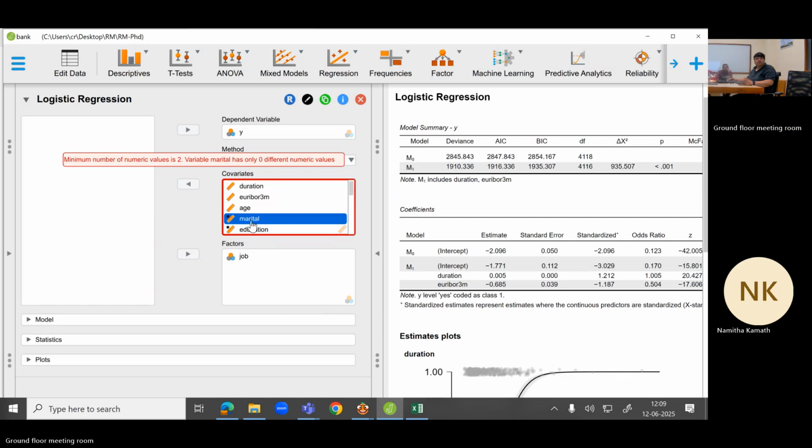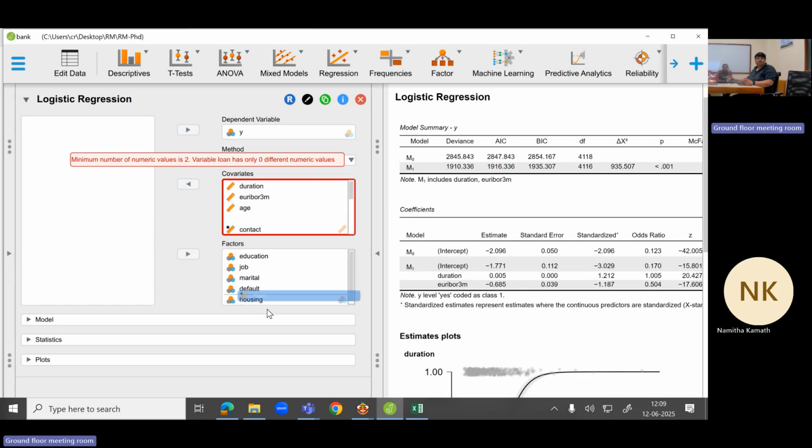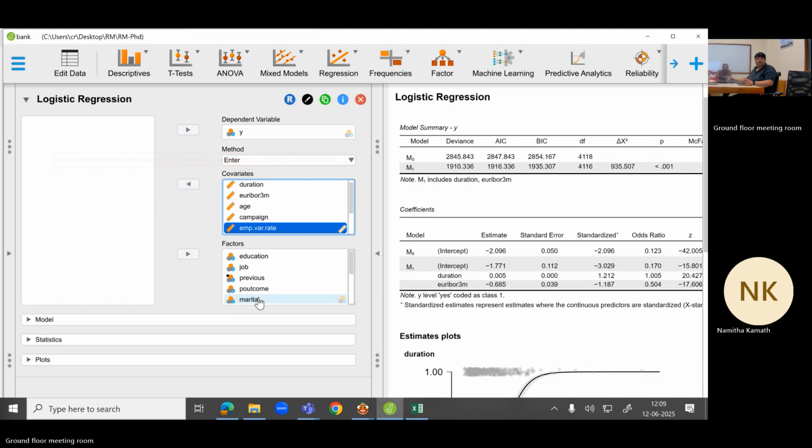Which jobs? There are different groups. Marital, education, job, housing, loan, contact, day of the week, p out of previous.